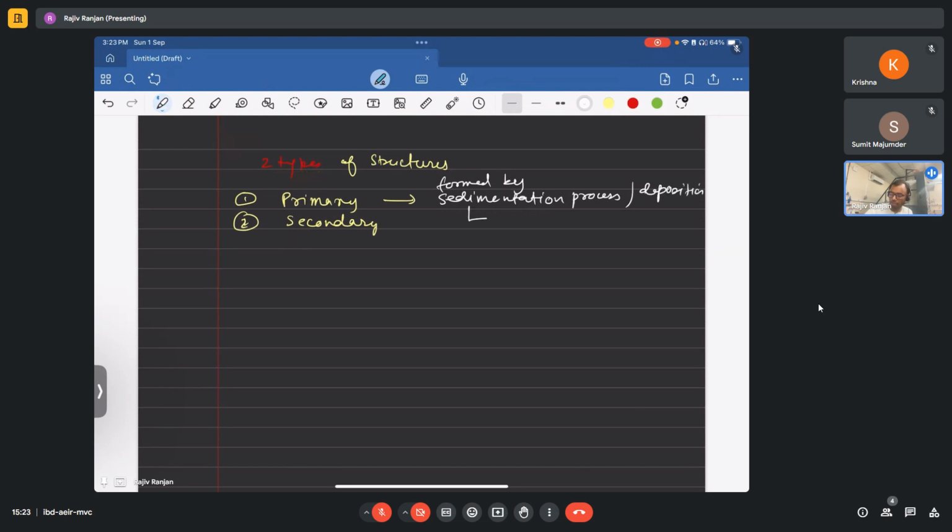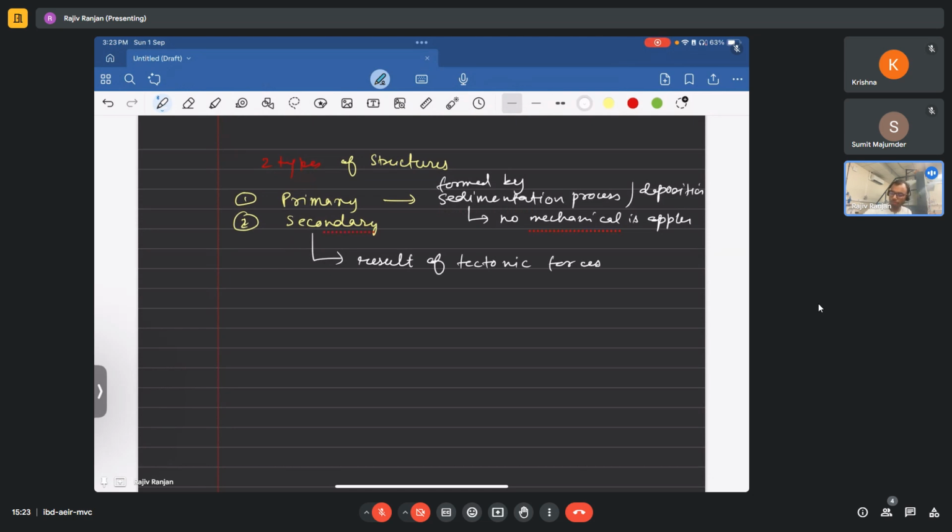There are no forces; an important thing is that no mechanical forces are applied. But in the case of secondary, this is a result of tectonic forces.